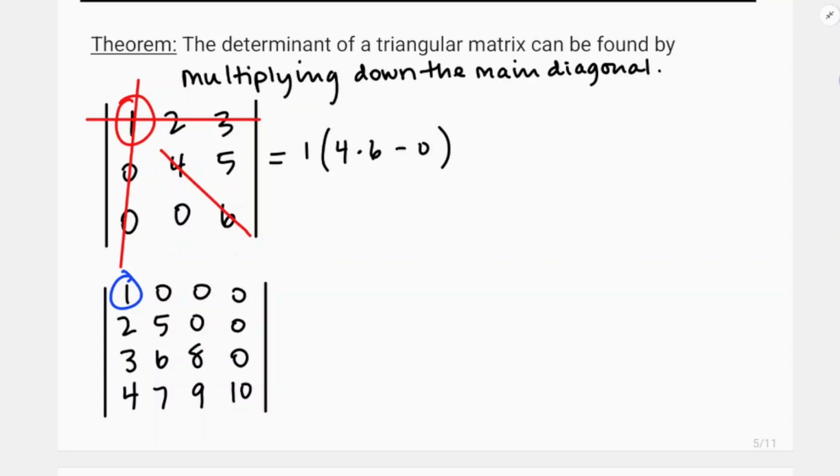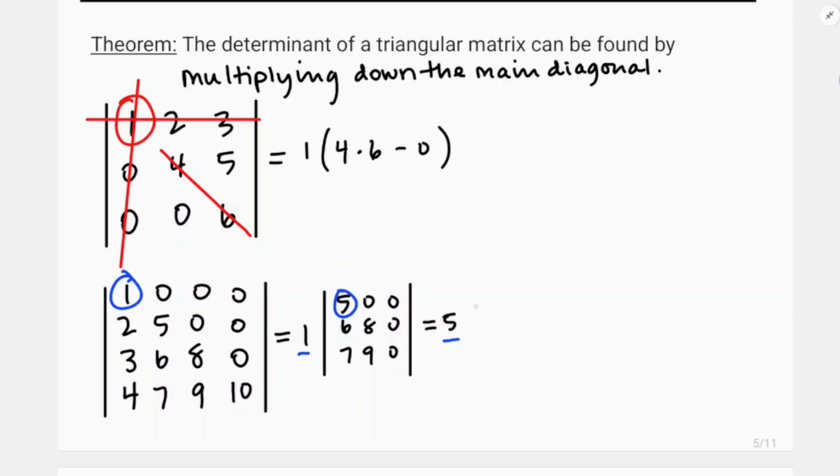So this equals 1 multiplied by the determinant of 5, 0, 0, 6, 8, 0, 7, 9, 0. I'm going to again use that 5.